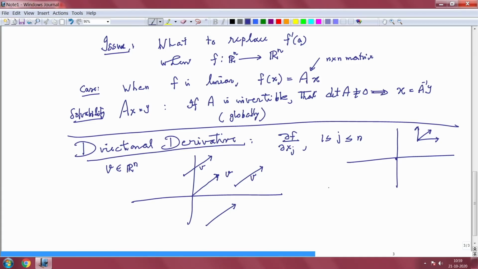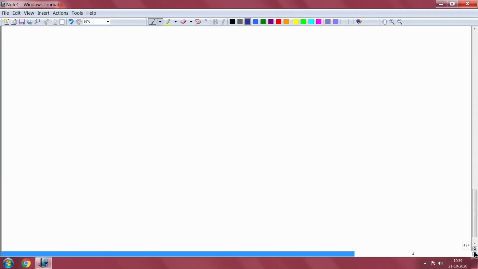So, given a function f and a vector v in R n, I want to define what we call a derivative in a direction. I want to look for the change in that direction: f of x plus tv minus f of x, by t.